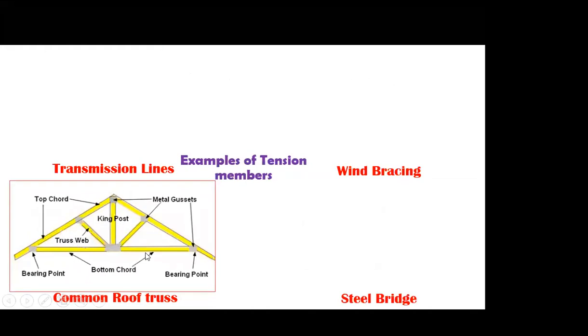Here, this bottom chord acts as a tension member. These are all top chords. This is the bearing point. This is the king post. These are gussets. Gusset plates are used to connect two members. This bottom chord acts as a tension member.